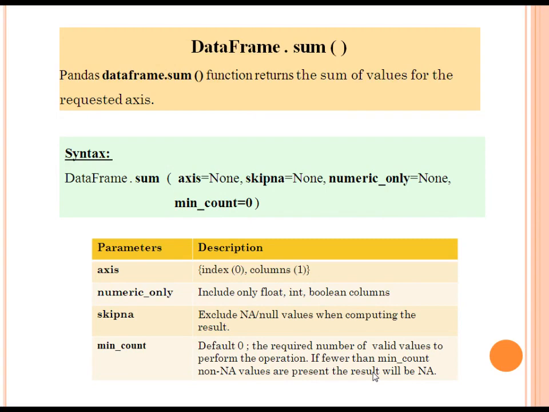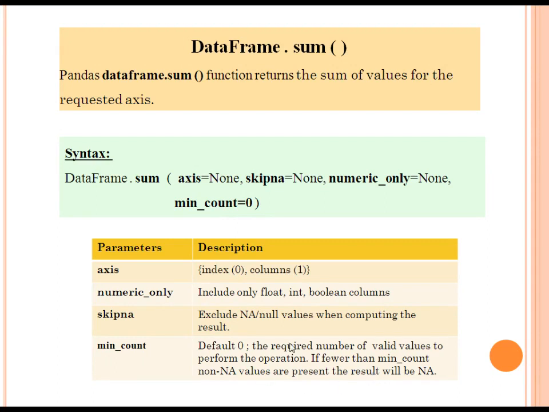I hope it is clear. Now see, the next function is dataframe.sum. Of course, it is going to return the sum of the values according to the particular axis. If I request for axis 0, it will give me the sum of the axis 0 values, and if I give axis equals to 1, then it will give me the sum of axis equals to 1, means according to the rows.